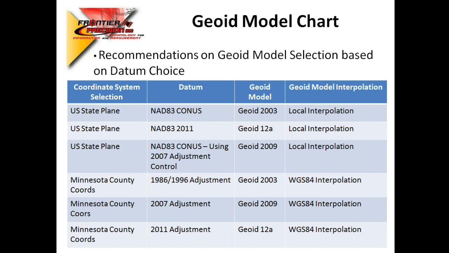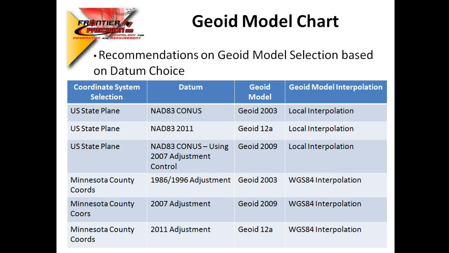This is a little chart we made up, basically a 4-column chart of recommendations for Geoid model selection based on the datum of choice and what interpolation method those Geoid models should be and already are typically. For instance, the first 3 coordinate system selections on the left are U.S. state plane. In the example of U.S. state plane using the CONUS datum, we're recommending Geoid 2003.